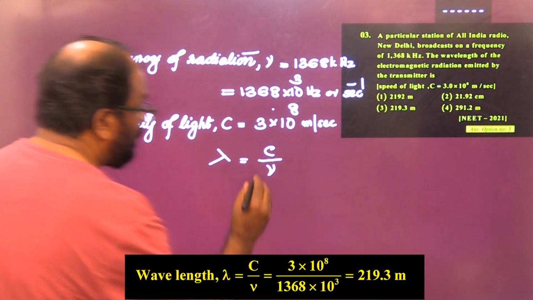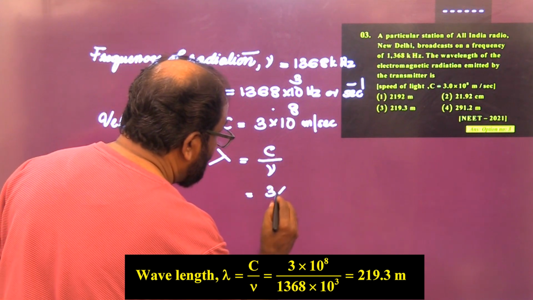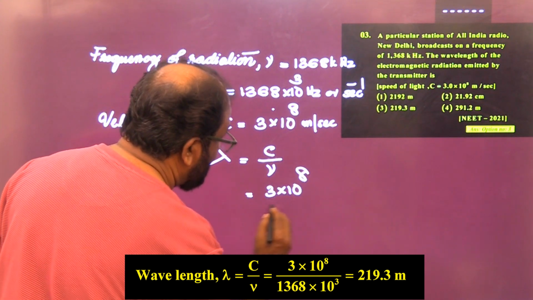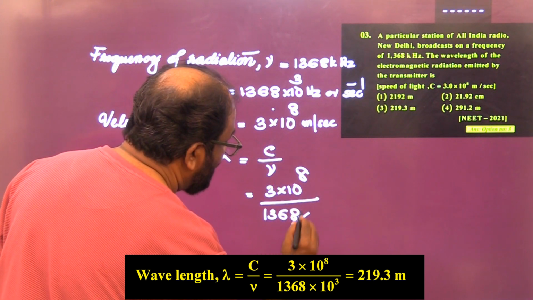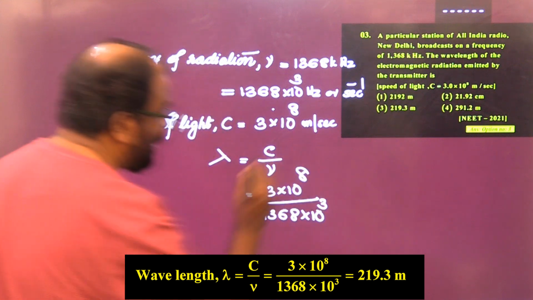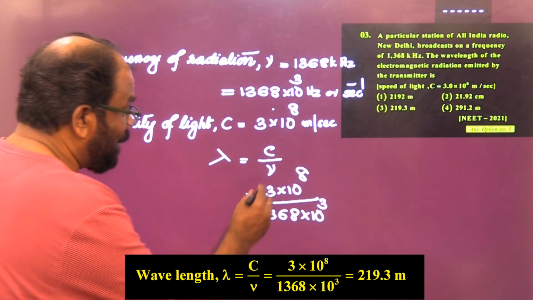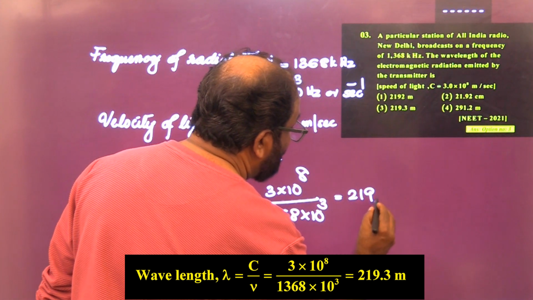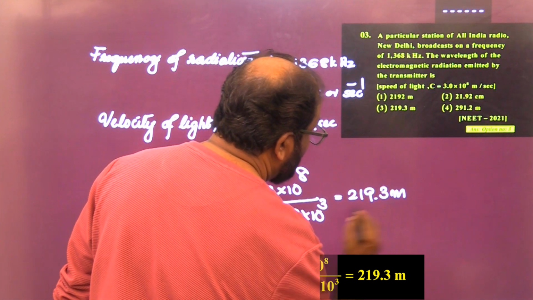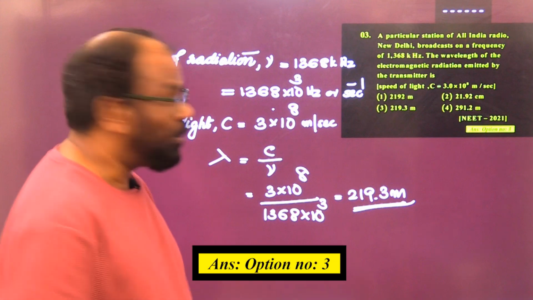Here velocity c is equal to 3 into 10 raised to 8 meter per second and nu is 1368 into 10 raised to 3 second raised to minus 1. By calculating this, wavelength lambda is equal to 219.3 meter. So here the answer is option number 3.